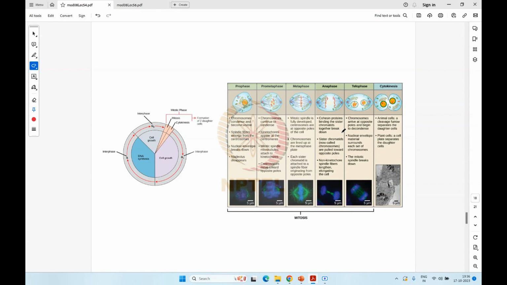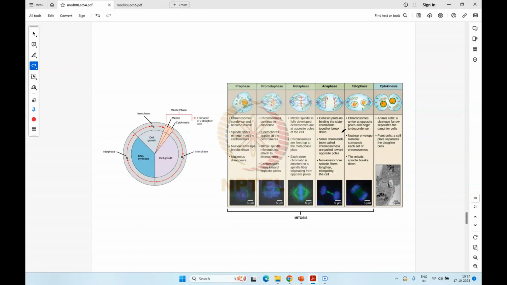Due to the pulling and due to other proteins, the binding between these two sister chromatids is going to break down.